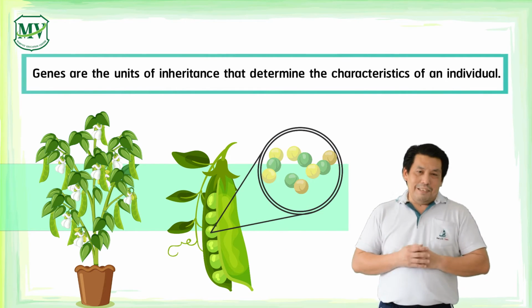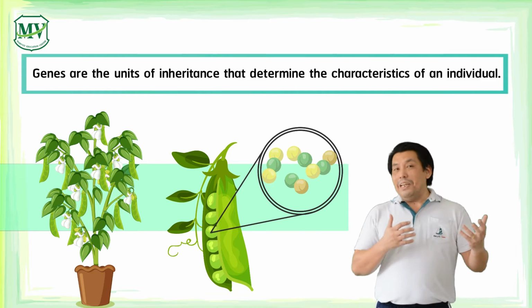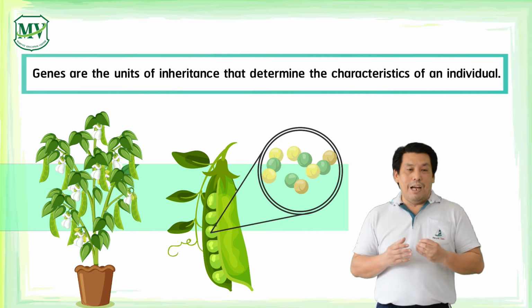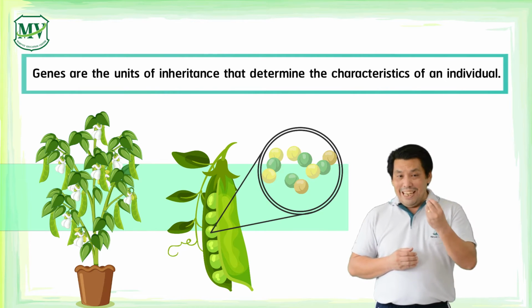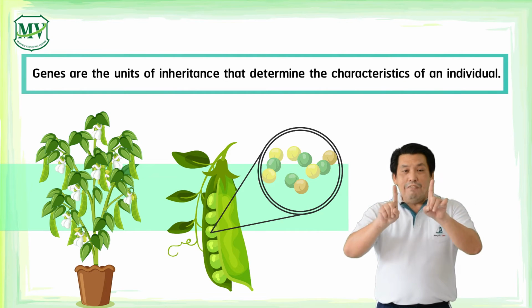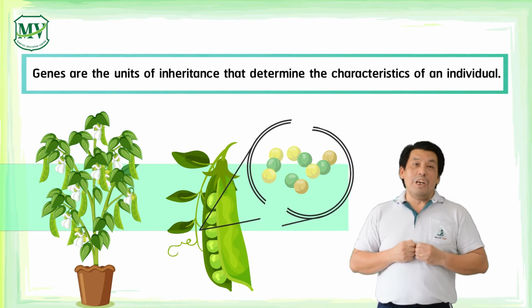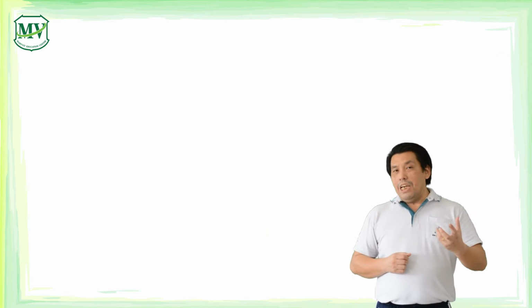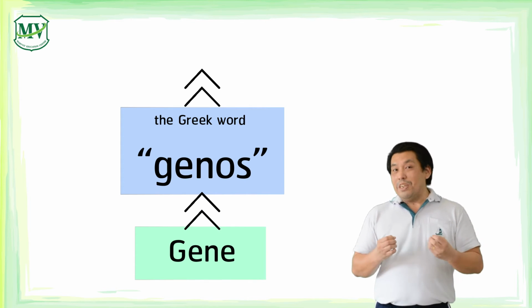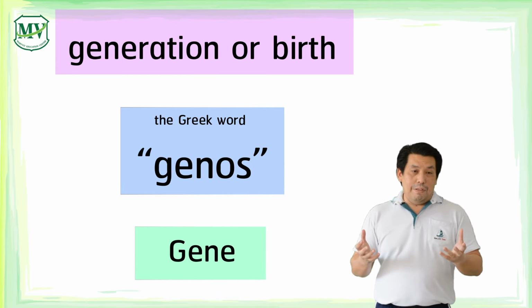In all cases, he could correctly interpret the observed patterns of inheritance by assuming that each is determined by a pair of inherited factors, which are now called genes. Gene comes from the Greek word genus, meaning generation or birth.